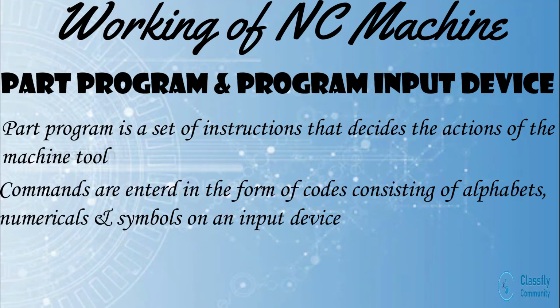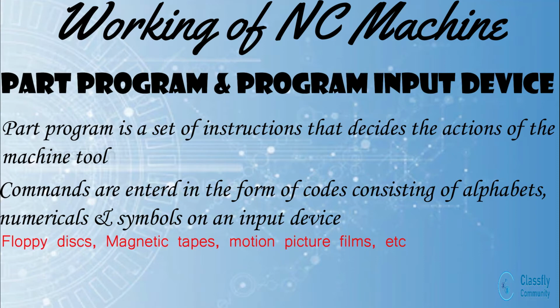The commands are entered in the form of coded instructions which consists of numbers, letters, symbols and alphabets on a type of input device which can be interpreted easily by the controller unit. Some of the input devices which are used are floppy disks, magnetic tapes or even a 35mm motion picture film. These codes can also be entered manually.